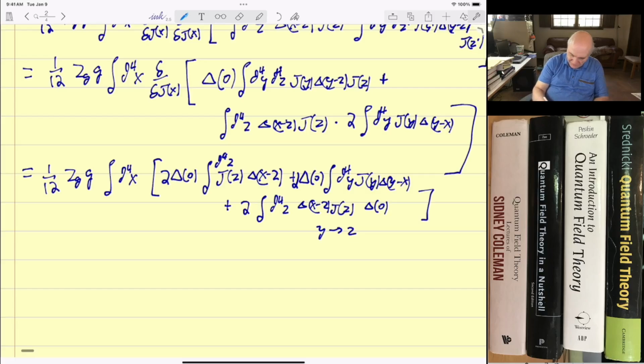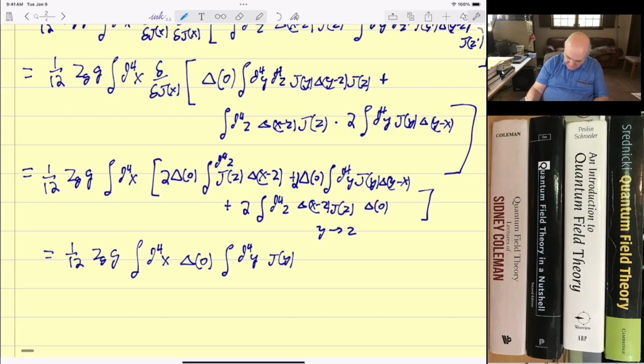And so this ends up equaling 1/12 ZGG integral d4x del 0, the integral of d4y jy del y minus x. Okay. So this is our, I left out the 6. 2 and 2 is 6. So it's 6/12. So this is equal to 1/2.